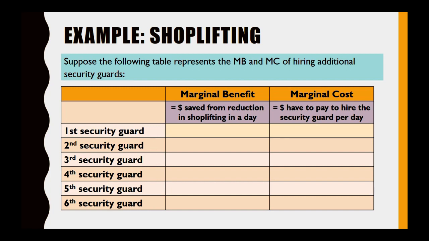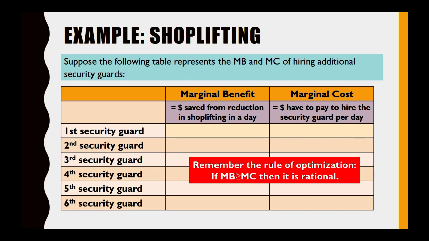I've reminded you that marginal benefit is what's saved from the reduction in shoplifting. So how much do we save in shoplifting? And marginal cost is the money we have to pay to hire the security guard. Those are both dollar figures, so it makes it easy to compare, right?